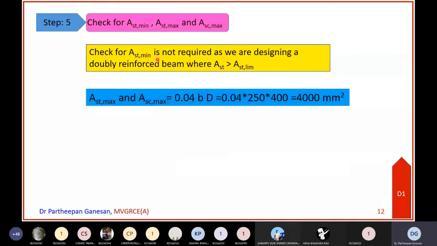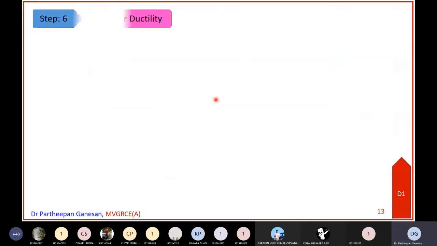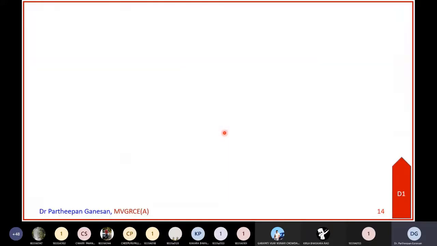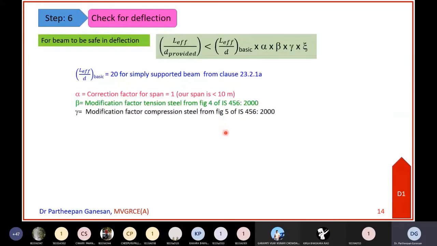AST minimum check is not required. AST maximum check is required. So these are all fine. After that you will do the check for ductility, right? PC provided should be more than PC limit for it to be an under-reinforced section. I discussed that yesterday. Another thing: if the bending moment is directly given to you and the span is not given, you don't have to do the check for deflection.